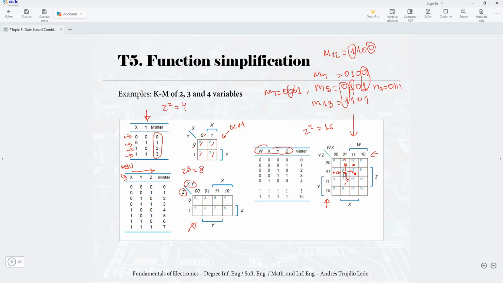So this is going to be a fact quite useful to simplify functions, because we have seen that when we have adjacent terms, we can simplify functions just keeping the variables that remain constant through all the terms. And this also happens, for example, if we are here in the minterm 10, that is like this. In this cell, if we look to the left, we are here. Okay, it's like a sphere that we can wrap.